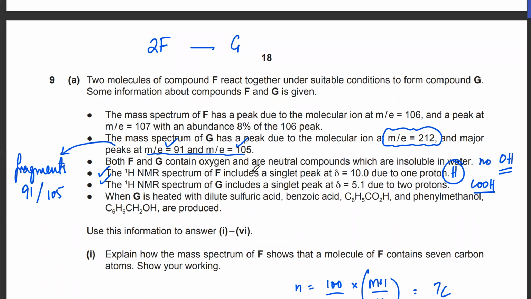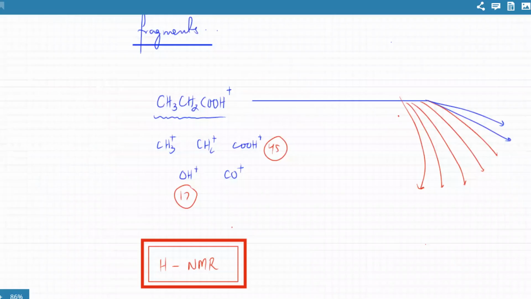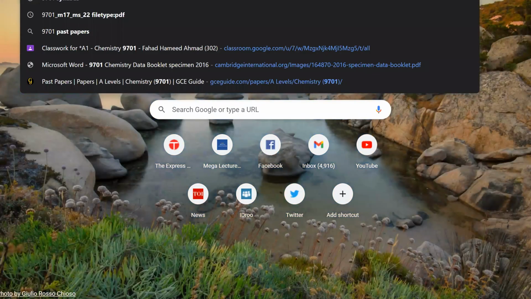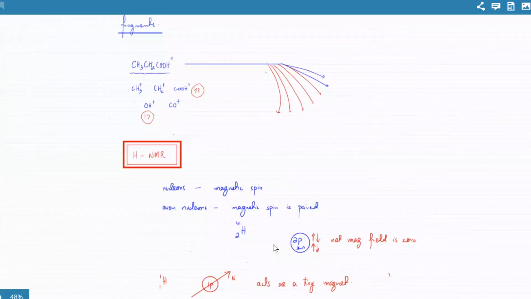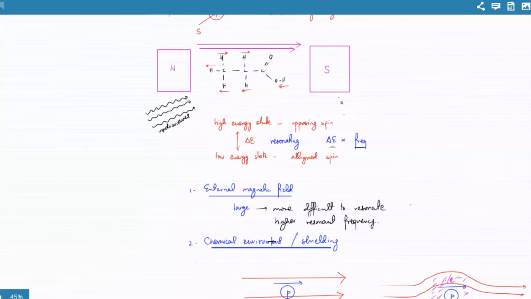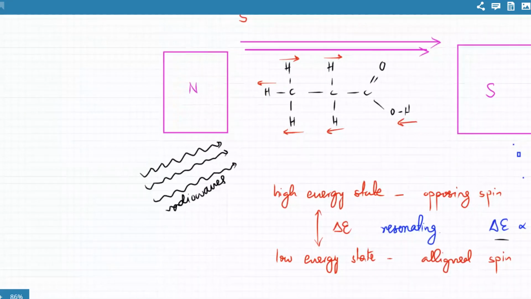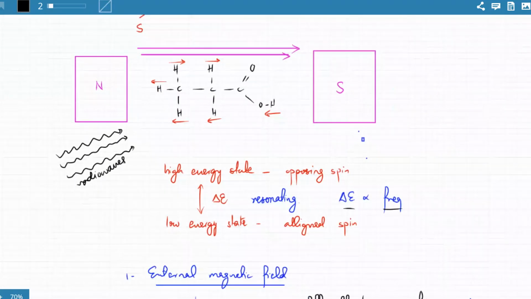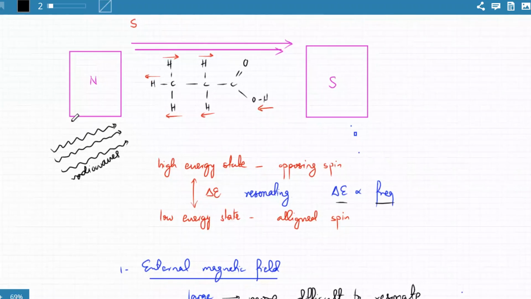And the NMR spectrum of F includes a singlet peak at 10 due to 1 proton. And we figured this one out as well, in the data booklet. This is something that we did yesterday: in NMR spectroscopy, the hydrogen protons act as tiny magnets, which can align with the external magnetic field, or they can oppose it. They have 2 states, and they absorb frequencies and gain energy from those frequencies, and they go into opposing spin.